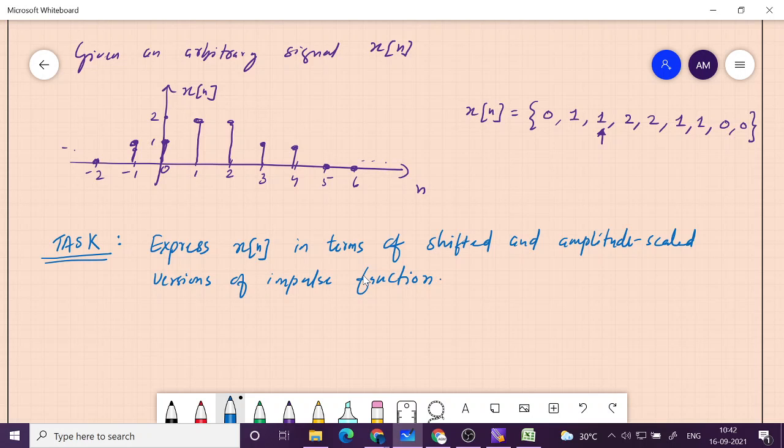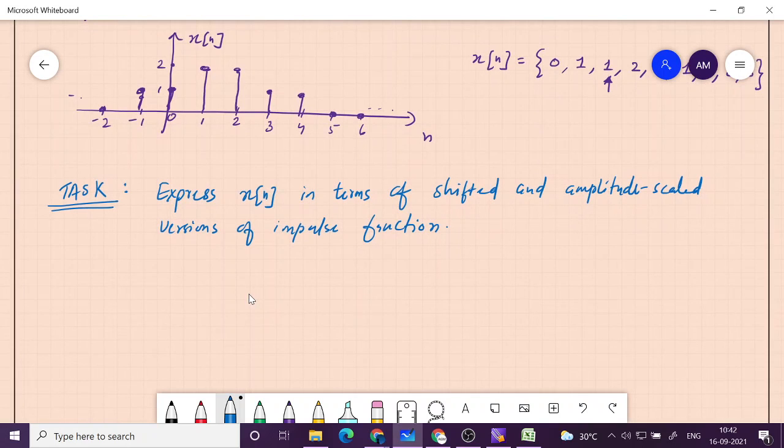Okay, so this is the task, this is our problem. What we do is we have this function. Now I will draw a set of many curves, where this function is just like this, and everywhere else it is 0.